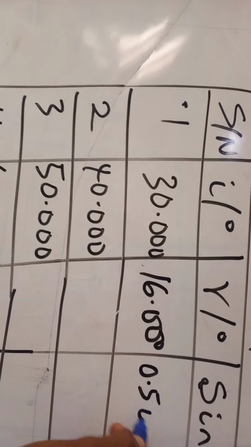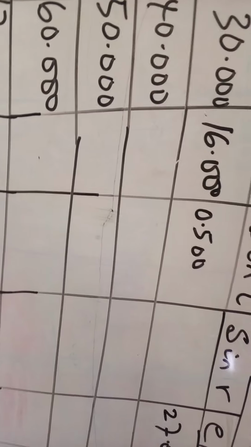So sine 30 will give us 0.5. Then sine R will give us sine 16.